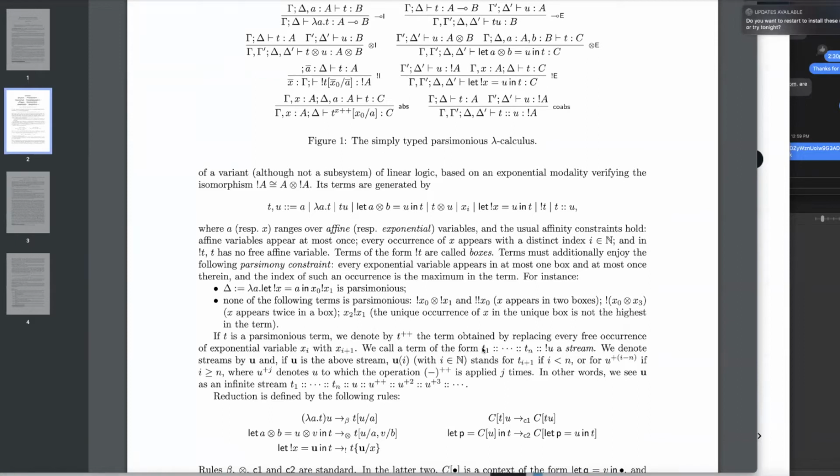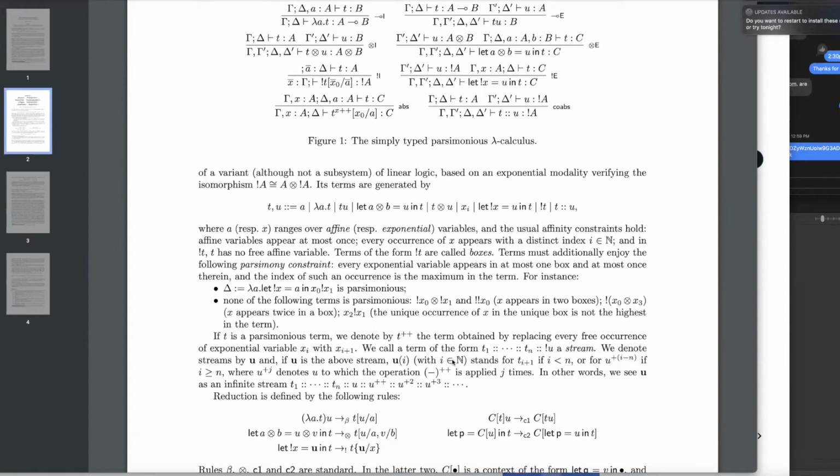You have some finite list of arguments, and then you have a rest. But in this case, the rest is an infinite copy of this. Each one of these, remember, according to the parsimony rules, you can only mention x once, and it has to be the highest index in the whole term for this thing to be parsimonious.